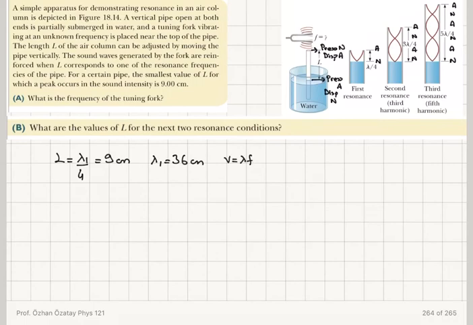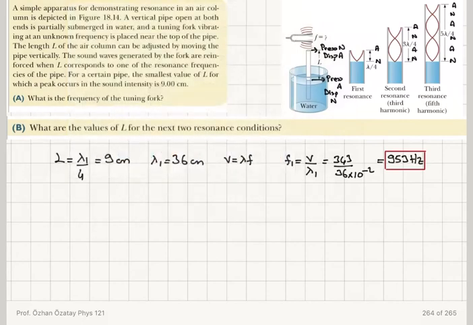So what is the frequency of the tuning fork? V is equal to lambda f. This is in air, so the frequency f1 is V divided by lambda 1. It will be 343 divided by 36 centimeters, which is 36 times 10 to minus 2 meters, so 953 Hertz, if I convert to SI units.